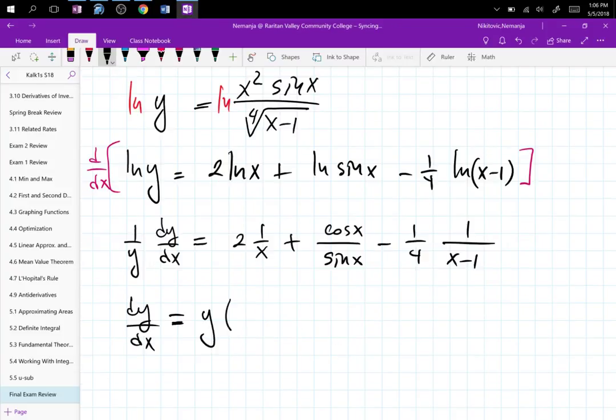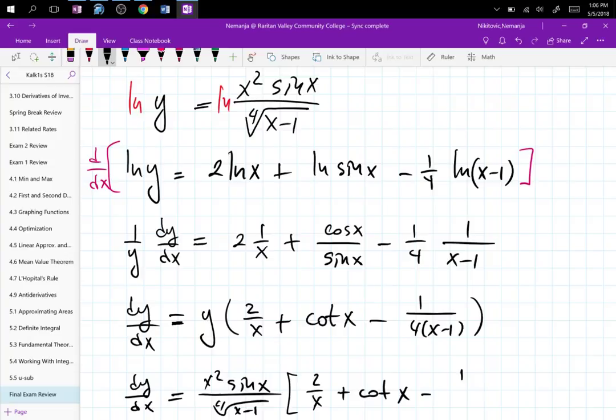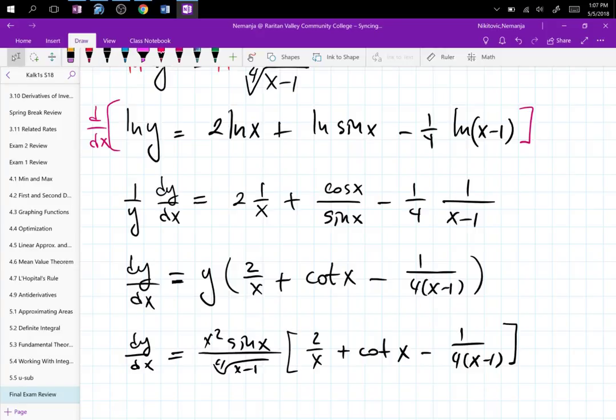So y' equals y times 2 over x plus cotangent x minus 1. So y is x squared sine x over the 4th root of x minus 1 times 2 over x plus cotangent x minus 1 over 4x minus 1. And that will be the answer.